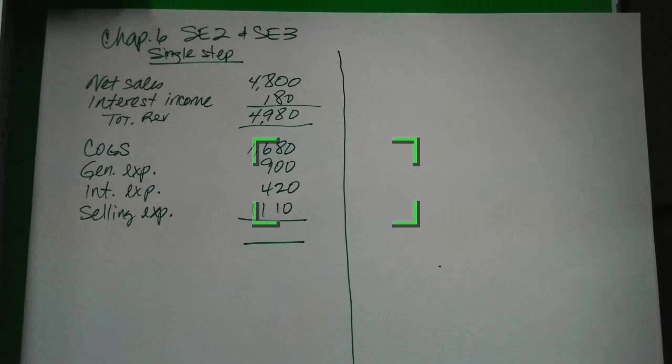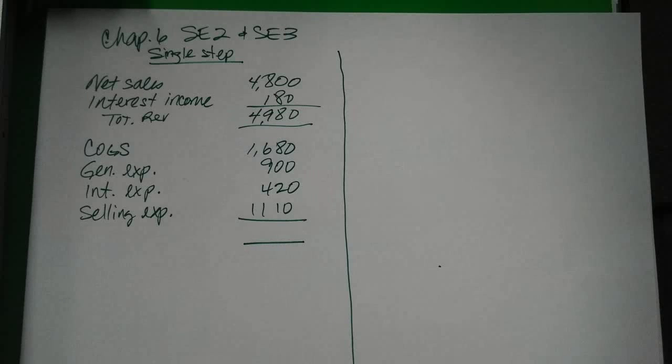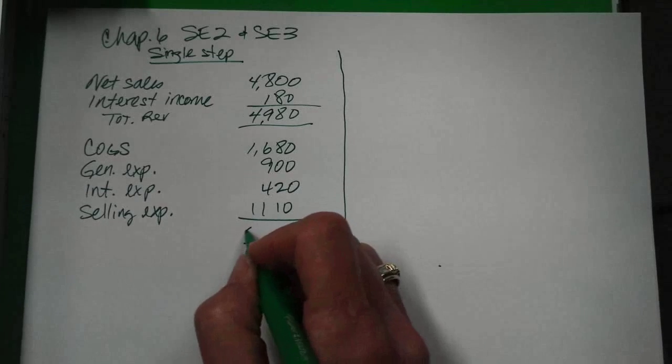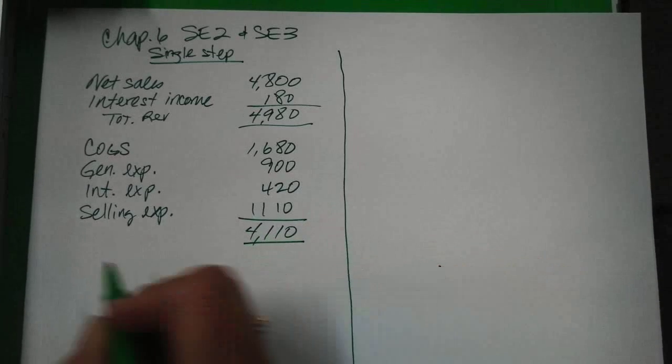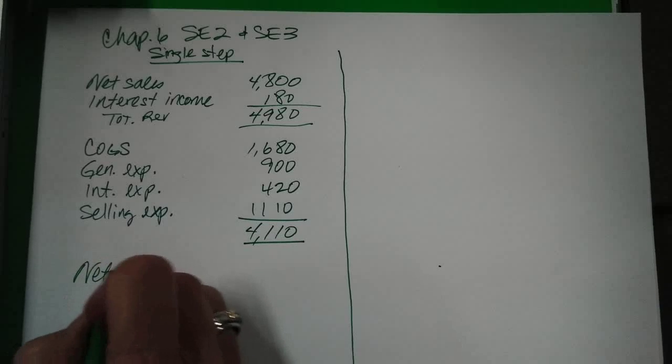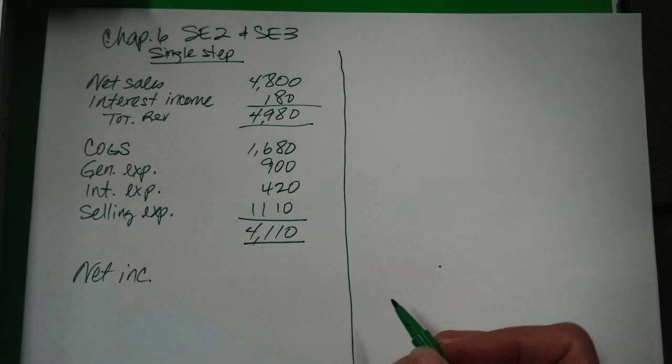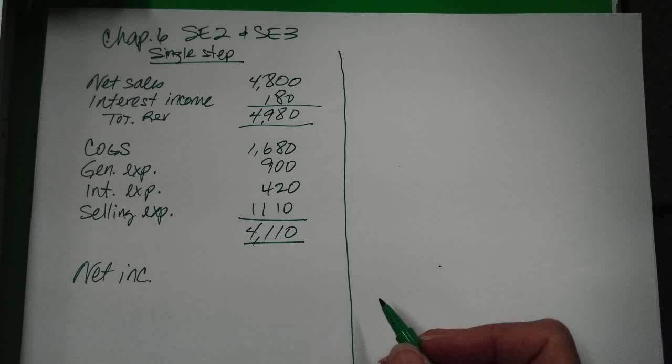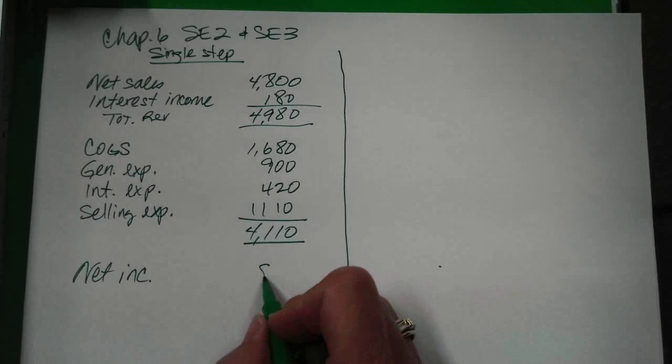So my total expenses, let me get a check figure for that so I don't have to stand there and add it up in my head for you. Total expenses work out to be $4,110. And we end up with a net income of $870.